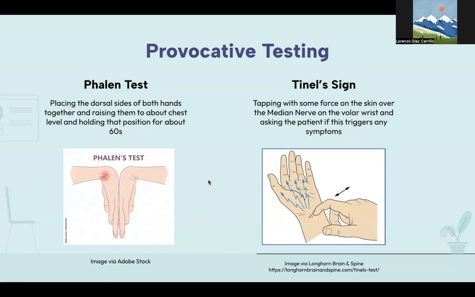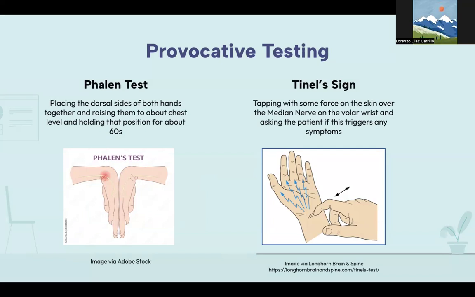Tinel's sign is the tapping just proximal to the wrist crease, and it'll often produce tingling, or people have reported electric shock feelings along the median nerve distribution on the thumb, index finger, middle finger, and the lateral half of the ring finger. The nerves are, in this instance, hyperexcitable when irritated or when they're regenerating.